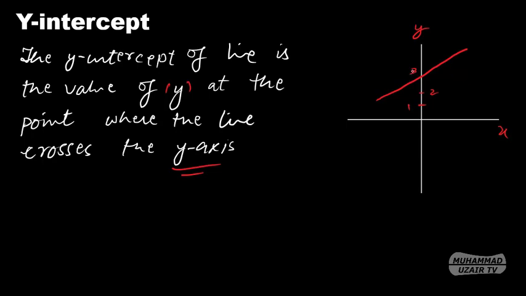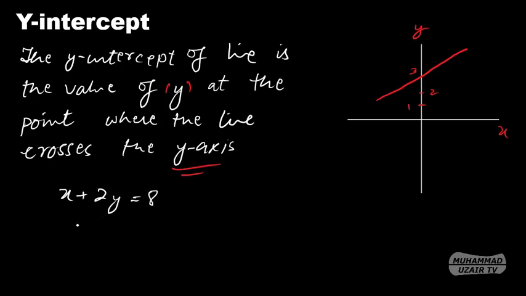So no matter what the equation is, either a line, circle, or any sort of equation, we need to put x is equal to 0 to find the y-intercept. Let's suppose we have x plus 2y is equal to 8.